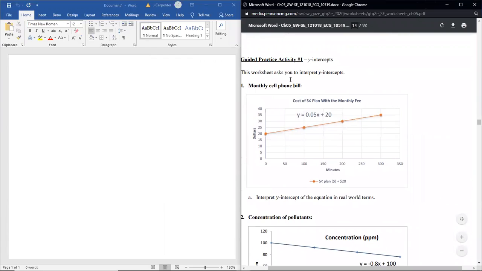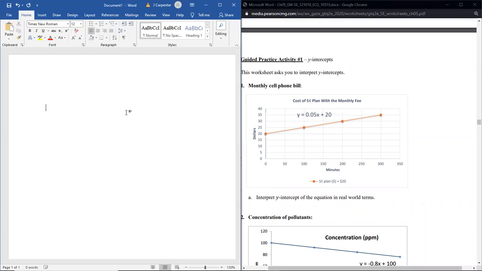So this worksheet asks you to interpret the y-intercept. So we've said that the y-intercept is often interpreted as a starting value or a fixed value. Another word for that is initial value. There's a lot of different ways to say the same thing in the real world, of course. So let's go ahead and get it. We have our 5-cent plan where we were paying 5 cents per minute, but then we also had that $20 fixed cost for fees, taxes, whatever.